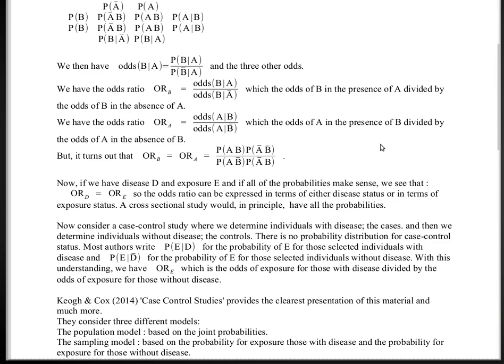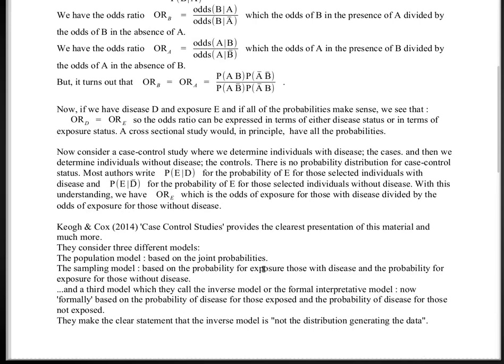Now, what about a case control study? In a case control study, we determine individuals with disease, the cases, and we determine individuals without disease, the controls. It's been noted that there is no probability distribution for case control status here. We can, though, speak of the conditional probability of exposure given disease, and similarly, the conditional probability of exposure given the absence of disease.